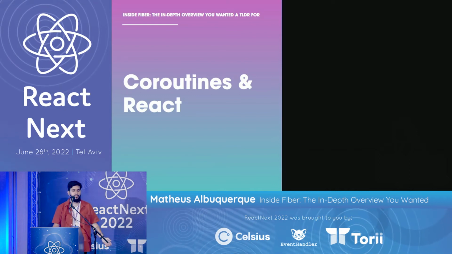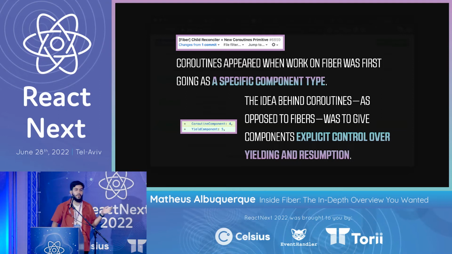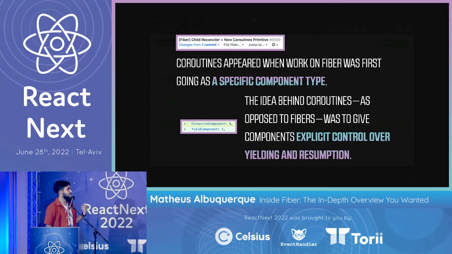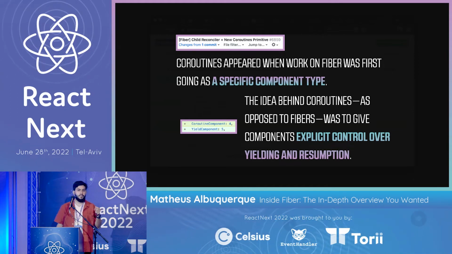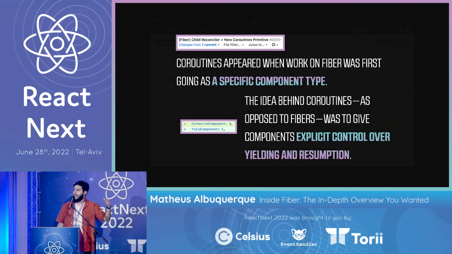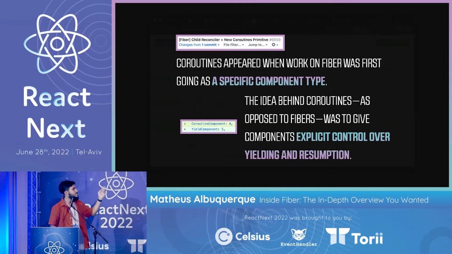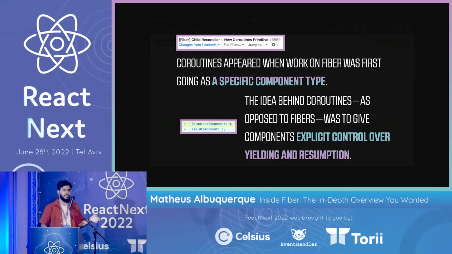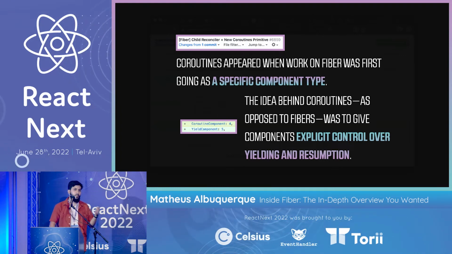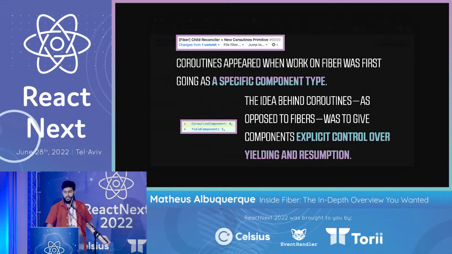Now we can move to coroutines in React. They first appeared when the work on React Fibers, like before 2017, was going, as a specific component type. So if you remember that list I showed of the work tags, where you have all the different kinds of work that can happen, they had two different components, coroutine components and yield components. And the idea, as opposed to Fibers, was to give people writing React code full control over yielding and resumption.